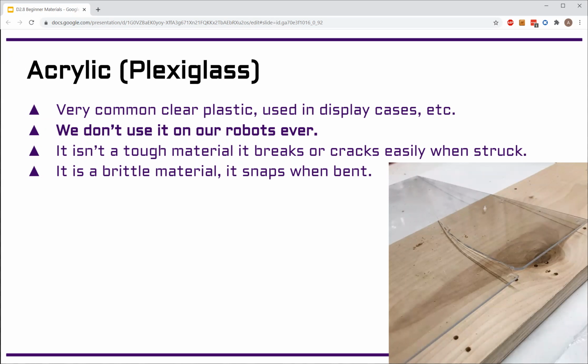It'll snap if you try to bend it, which is actually one of the easiest ways to test and tell if something is acrylic or polycarbonate. It scratches a little bit differently, but it definitely takes a while to be able to instantly tell between acrylic and polycarbonate, and sometimes we will mess up. It's one of the reasons why we try not to keep much of it in the lab, just because it's easy to think a clear sheet of plastic is polycarbonate, which is a great material we're going to talk about in just a second, when in reality it's acrylic.